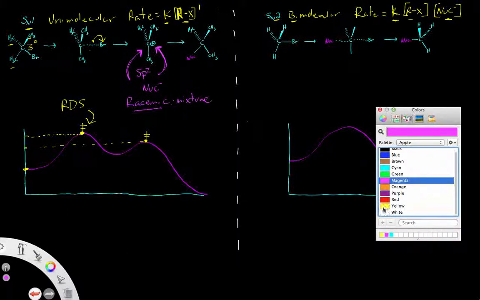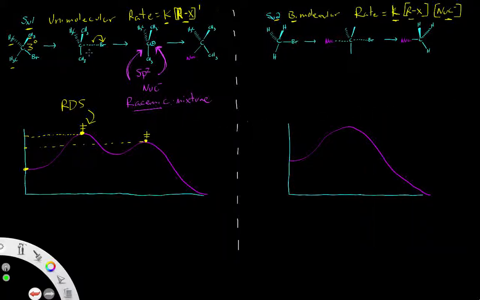We can apply this, let's try green, to this part of the energy diagram, because once again this is very high in energy. Then this sp2 hybridized molecule, which has a carbocation, is going to be an intermediate, represented right here in the energy diagram.